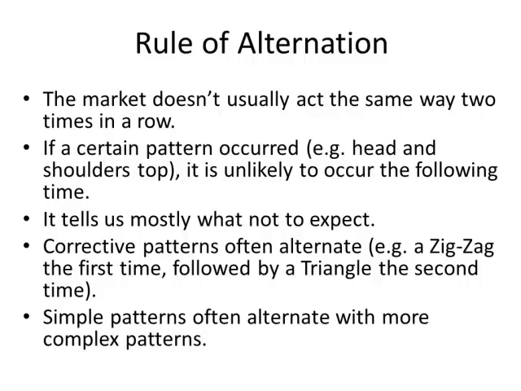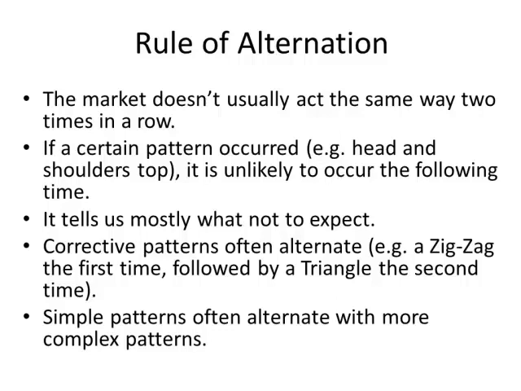And the other thing about the rule of alternation, so there's also the word alternation. Alternation means taking turns, one after another, but then coming back to the initial one after skipping it once. It's alternating. So we will often see corrective patterns alternate. So if you remember, we talked about the different corrective patterns.